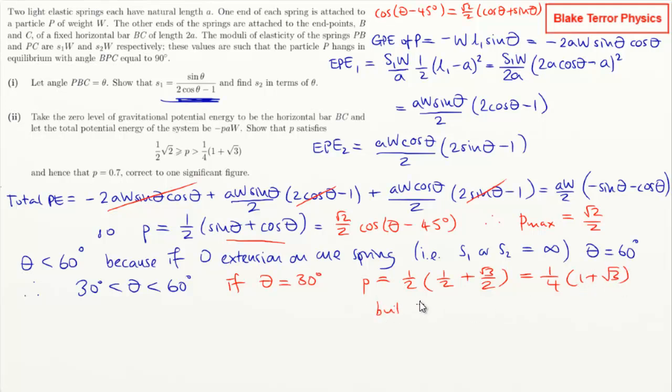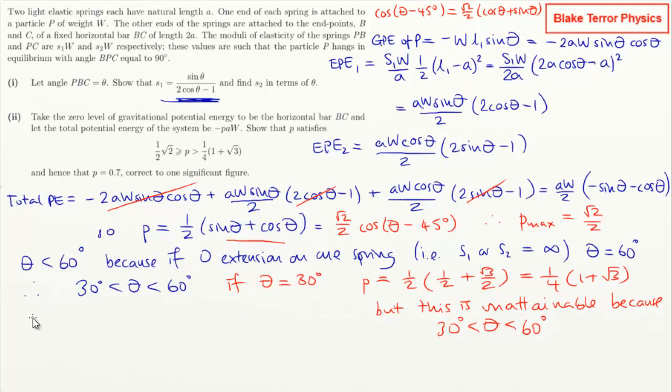But this is unattainable, because theta has to be between 30 degrees and 60 degrees. It can't actually be equal to 30 degrees or 60 degrees.